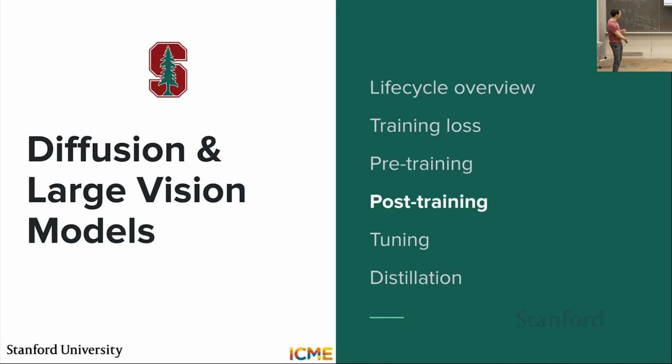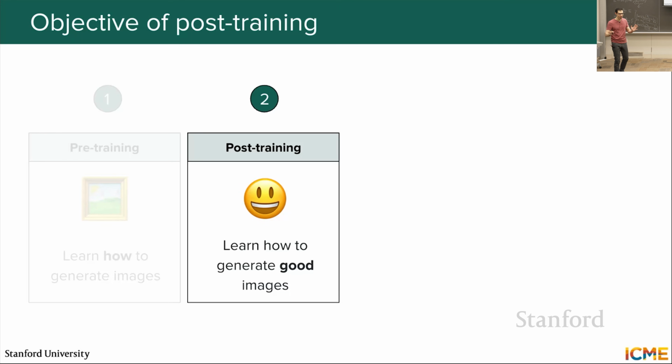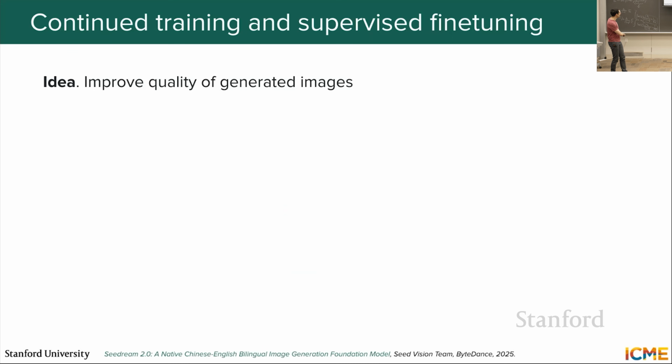I will go ahead and move on to the second step of the training lifecycle, which is the post-training step. Here, what we want to do is to teach our model how to generate good images. Now, you may tell me, well, what does good mean?